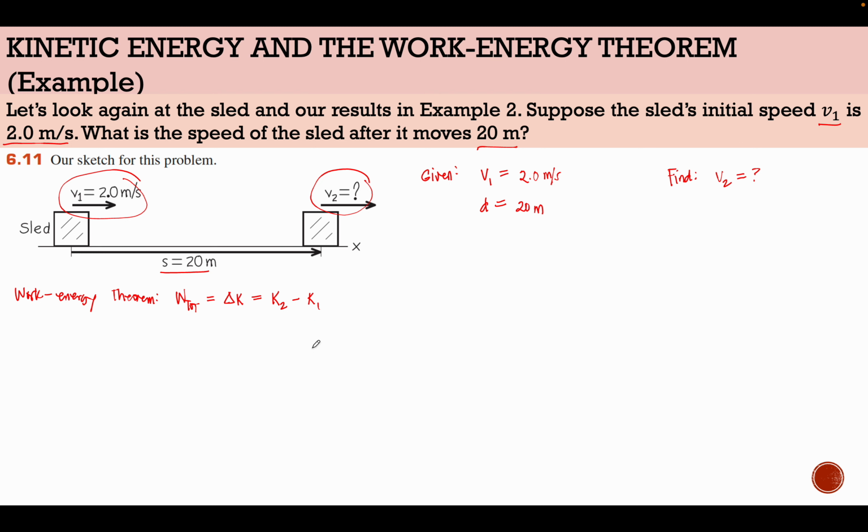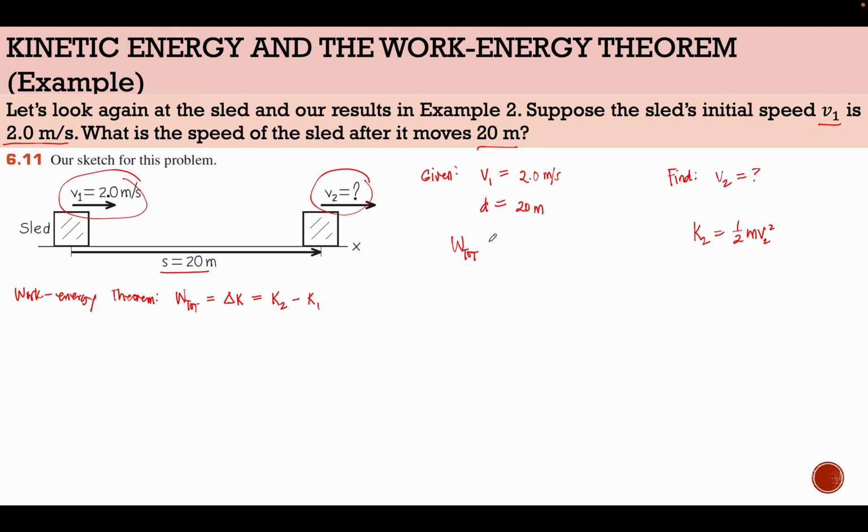Since V sub 2 is in K sub 2, K sub 2 is equal to 1/2 times the mass times V2 squared. So we need to solve first for K sub 1, and then we have the value of our total work done.